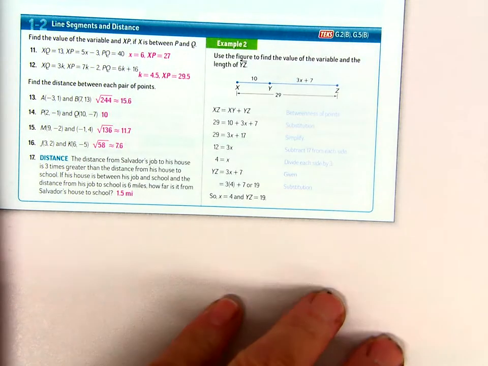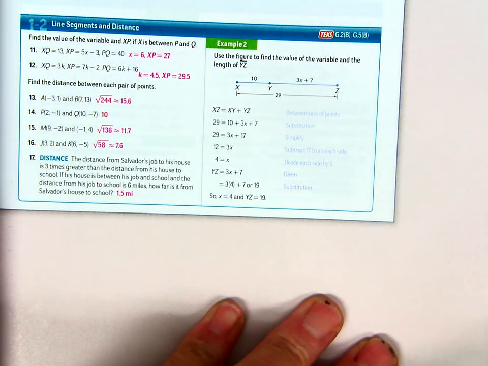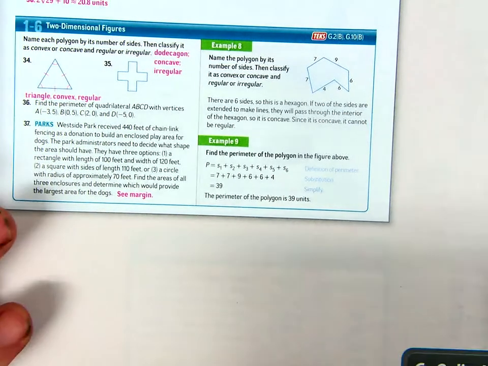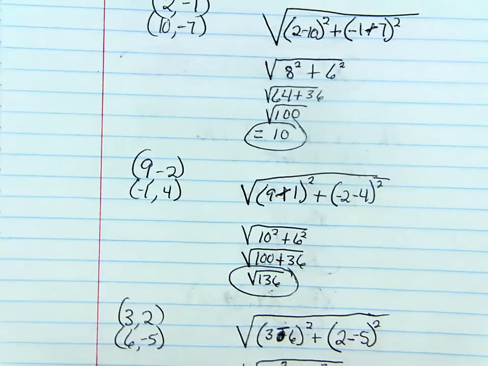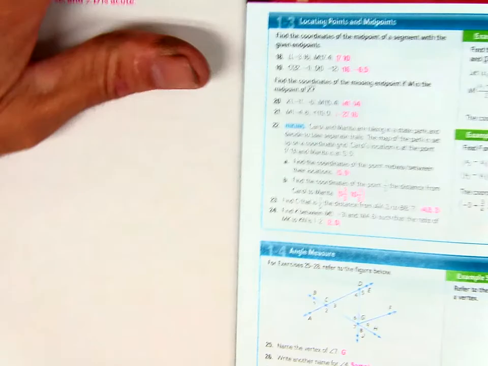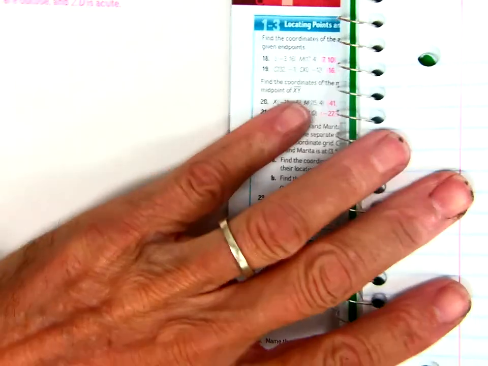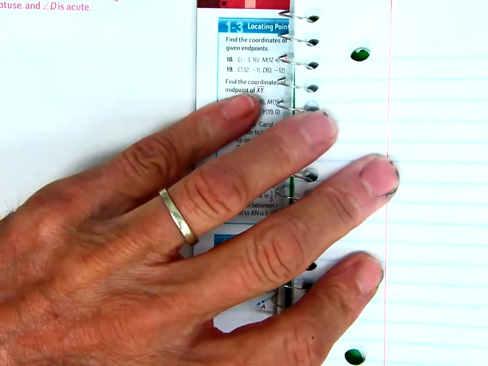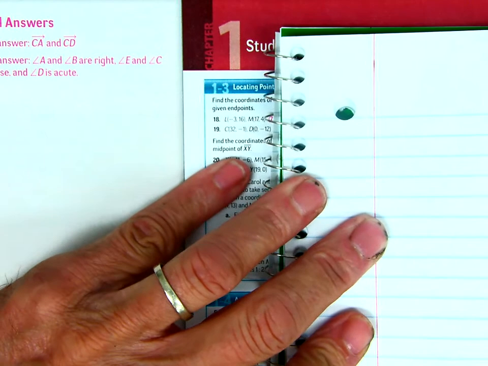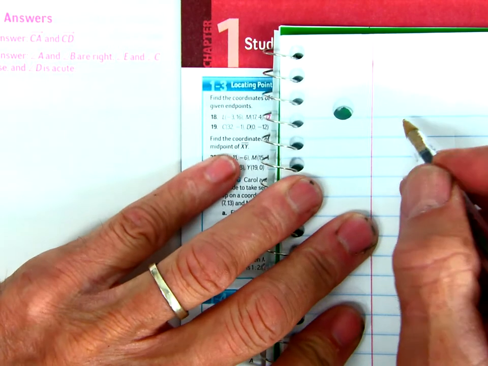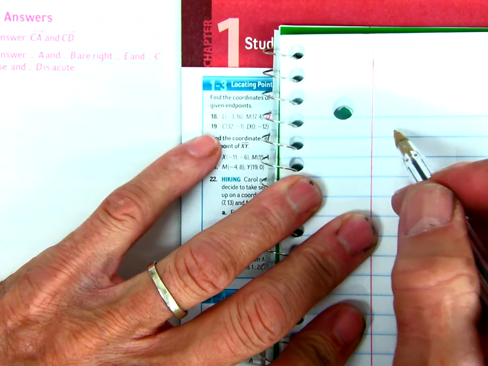Then we went to page 80, the next page. We did number 18 and 19. Midpoints. On midpoints, you'll end up with 2 answers: an answer for x, an answer for y.